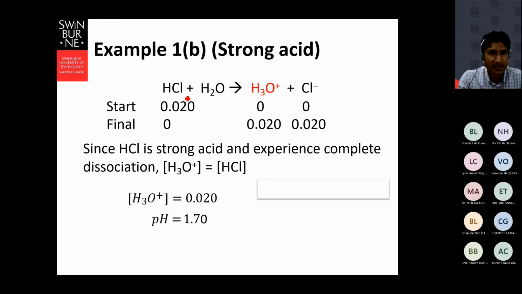There will be nothing left. There is no double arrow here, it is not a reversible reaction. It just dissociates fully, and there is no leftover at the final stage. 0 molar HCl left. We started with 0.02, and all 0.02 will be dissociated.